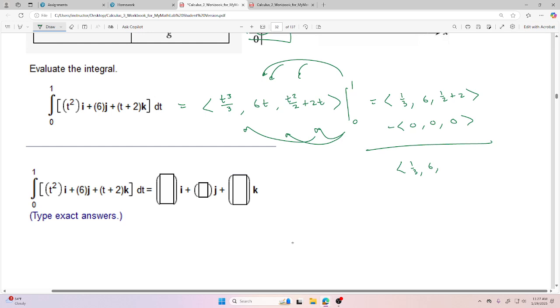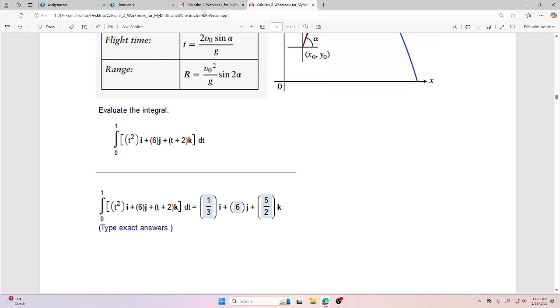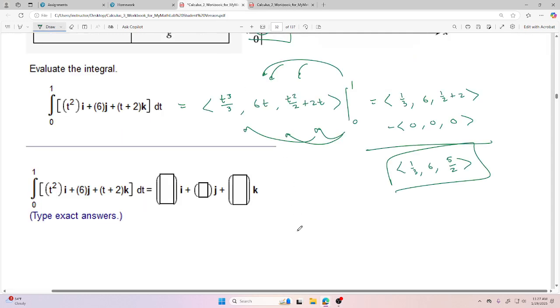What is that going to be? 5/2. That's my answer. I write them on top of one another so I can subtract them when I need to. Let's verify I did it right. Did I pass it? Oh, there we go. Okay, cool. Yep. Sweet.